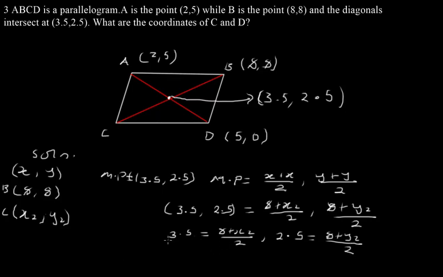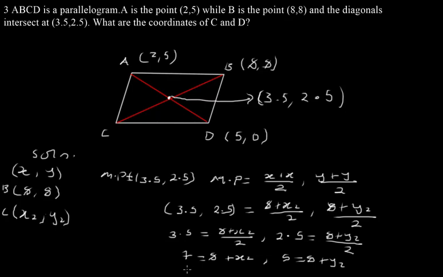So 2 multiplied by 3.5 gives us 7 equals 8 plus x2, and 2.5 multiplied by 2 gives us 5 equals 8 plus y2, right?